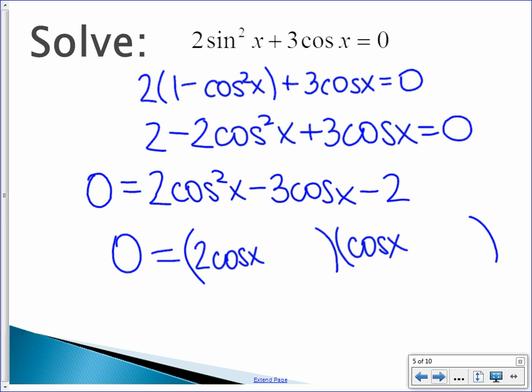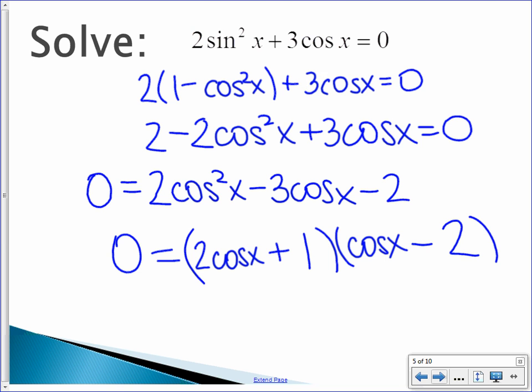One's got to be positive, one's got to be negative. The 2 can't go here because then there's something in common. So the 2 has to go here times the 1. Which one needs to be negative? If we have negative 2 times 2 cosine and a positive 1 times cosine, those will add together to be negative 3 cosine. Feel free to write them as C's and then factor, but go back and write them as cosines.